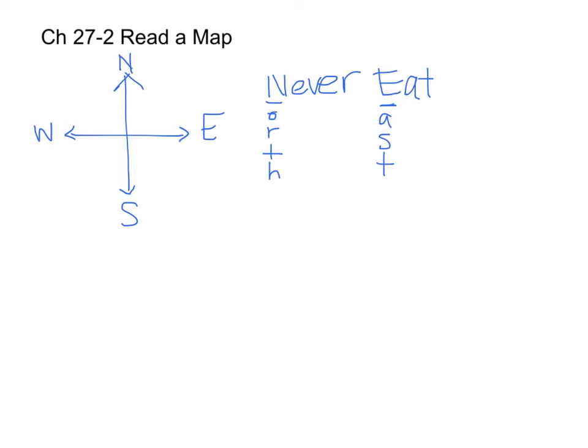And then I like slimy worms because it's gross and so I remember it. South. And then worms, W represents the west. So never eat slimy worms, never eat soggy waffles, whatever you like. Whatever will help you remember the directions of a compass and of a map.